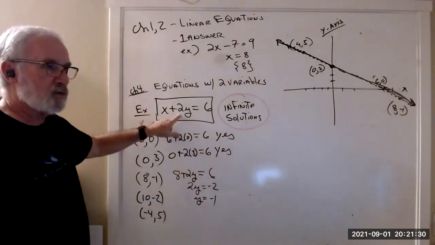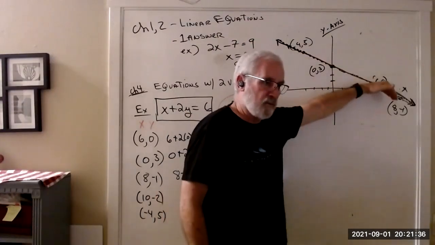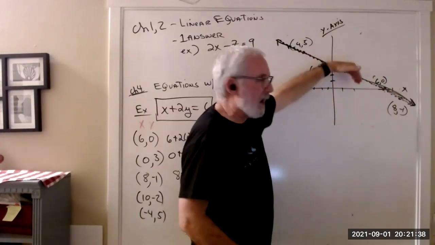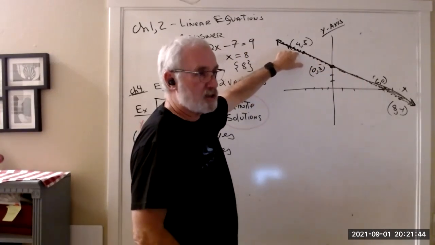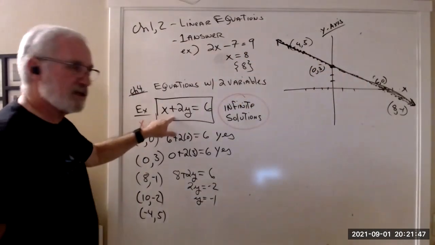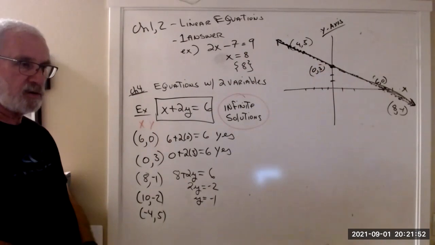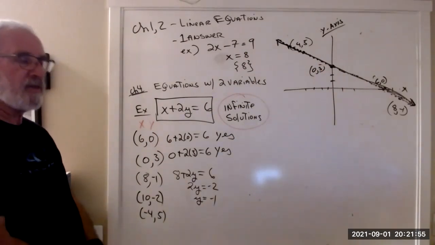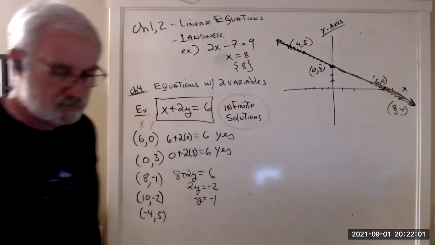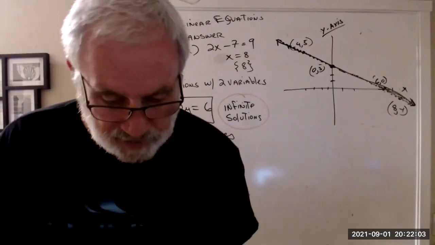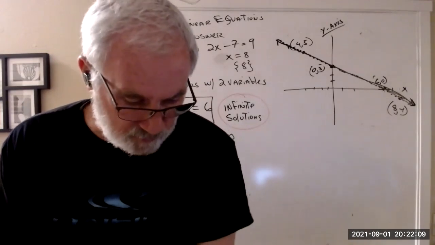An equation represents a bunch of ordered pairs, which can be put on a graph, which means we can reverse it. A graph is made up of a bunch of ordered pairs, points, dots, so we should be able to find its equation. And that's going to be one of our major goals for chapter 4. Graph an equation, and then if I give you the graph, can you find its equation working backwards? Okay, that's big idea number 1. Okay, big idea number 2. We've got a lot to cover here.